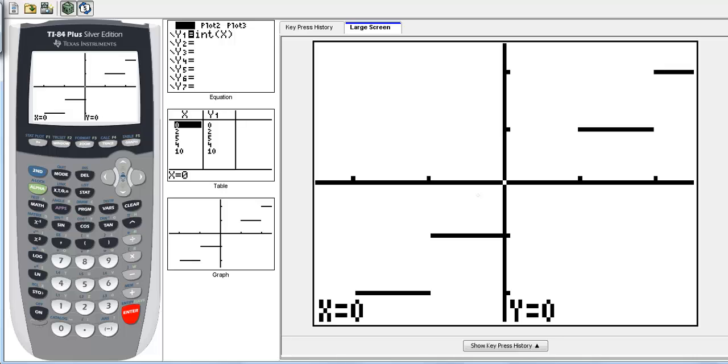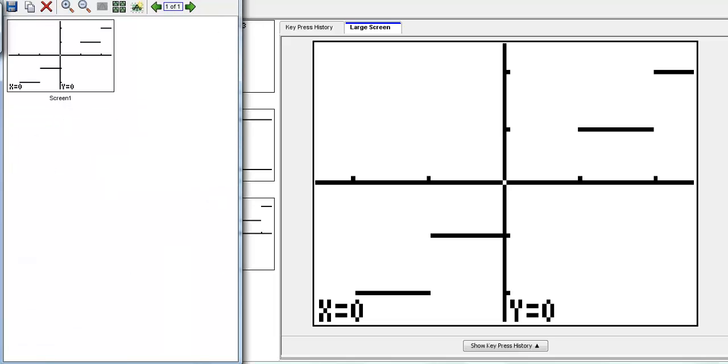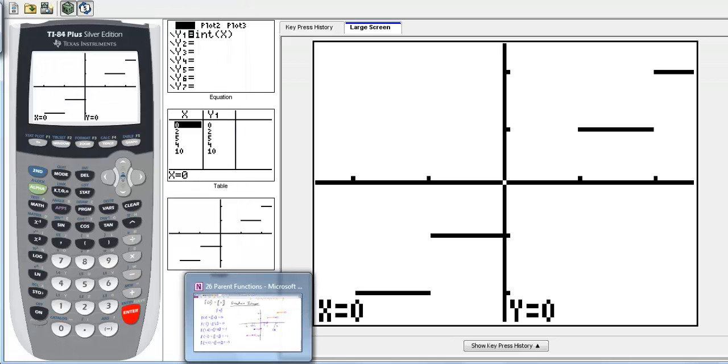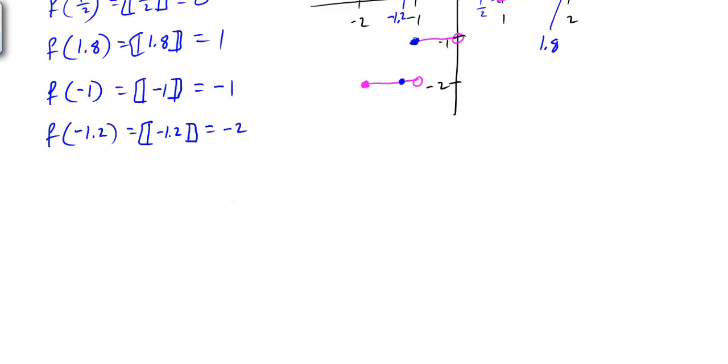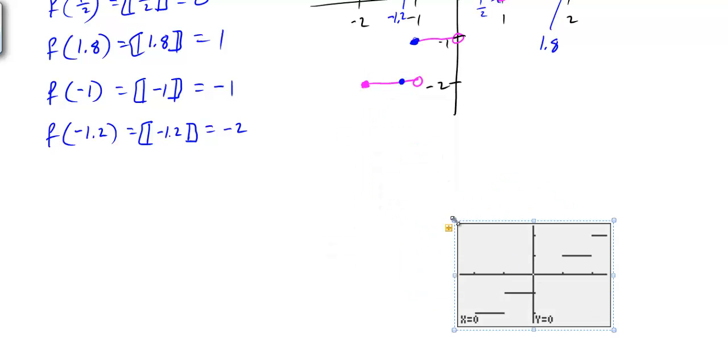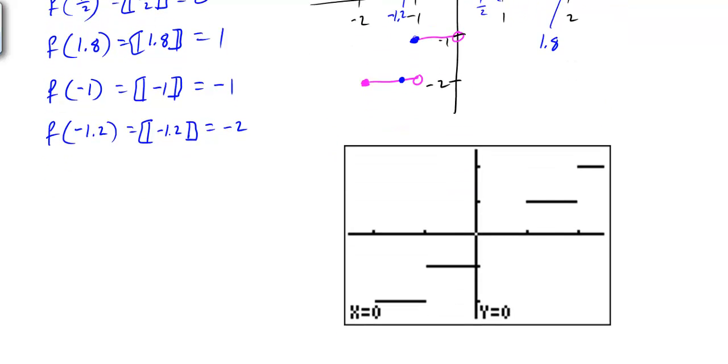Now, the one thing your graph really doesn't indicate here, let me copy this and paste it over here into the notes. It doesn't really indicate where on my graph up here I put the open and closed circles.